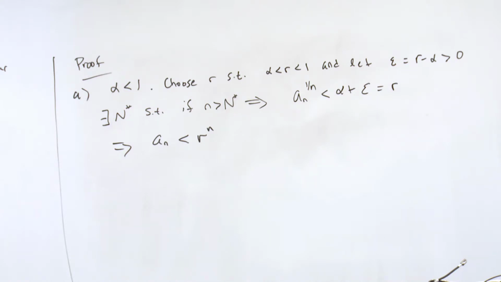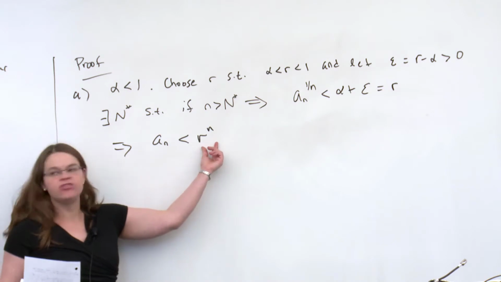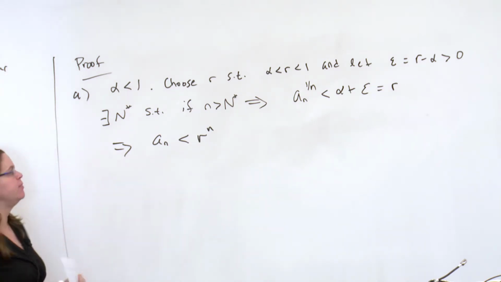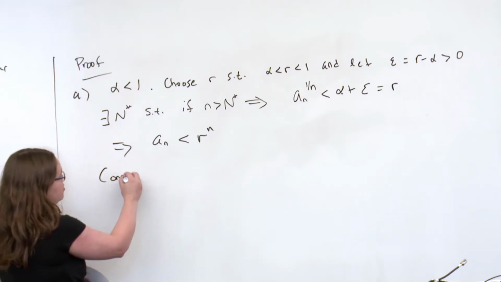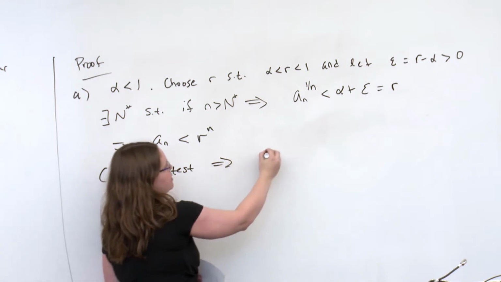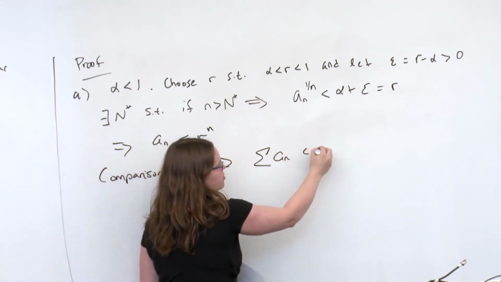And we're in business to do a comparison test again. r is less than 1, so this converges. So this is going to converge when we add them up. So again, by the comparison test, we get that the sum of a_n converges.